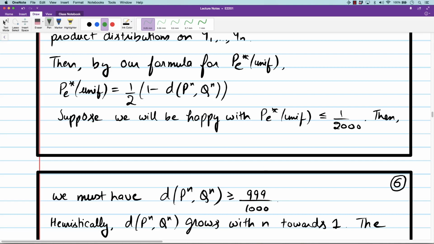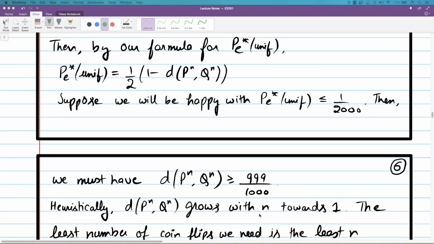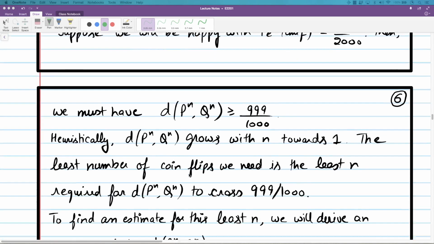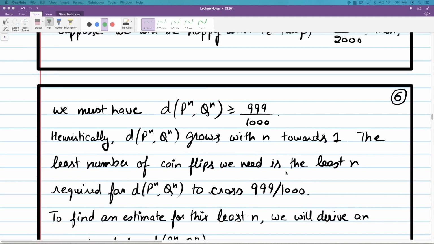At least heuristically, remember that as you have more and more tosses, the distance between the IID distributions Pn and Qn grows to 1. So what we are asking now is what is the least number of coin flips n that is required for this distance to cross this quantity. So this distance starts somewhere, and then we want it to cross this quantity.